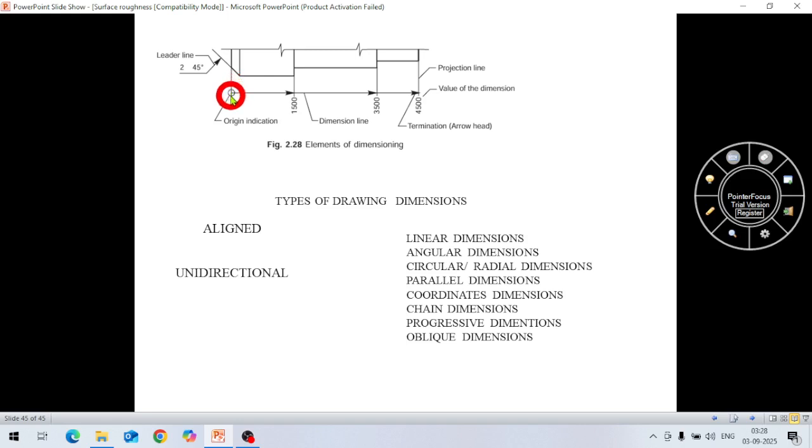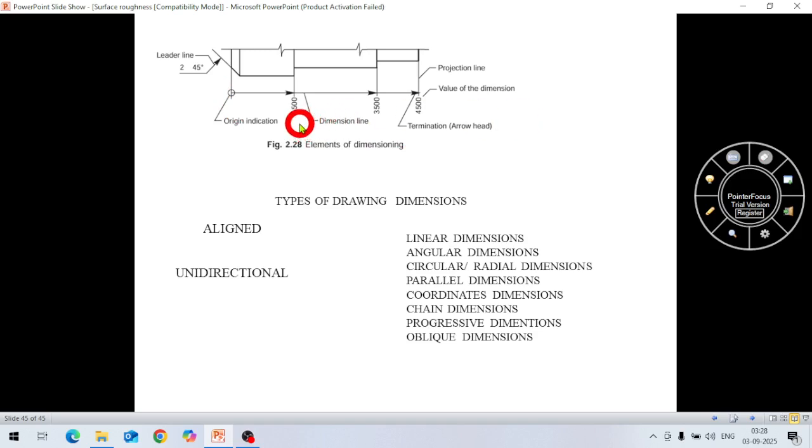This is the origin, the start point of the dimension, and this is the termination, the arrowhead, the end point of the dimension, like this. And these lines here are called projection lines or extension lines. And one more thing is there, which is dimension text.